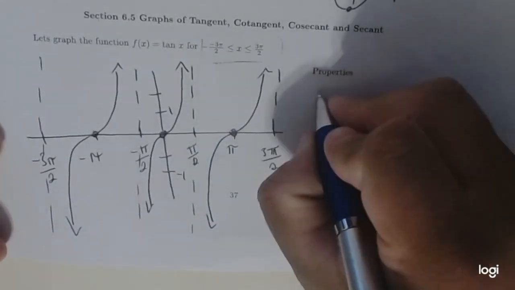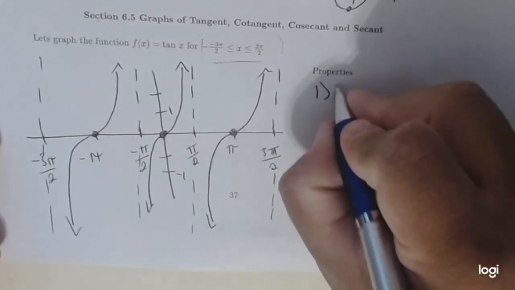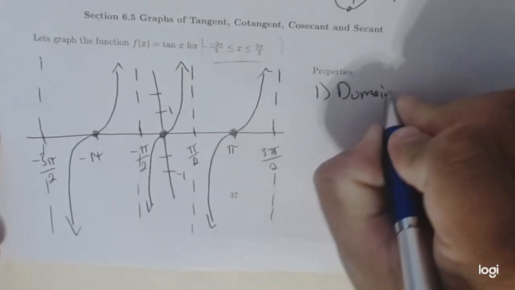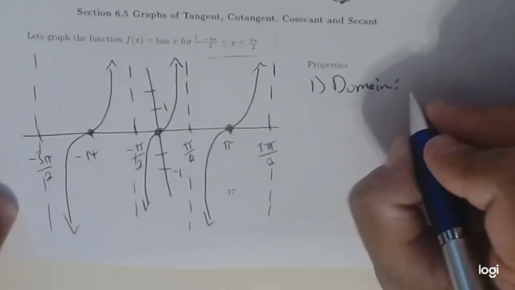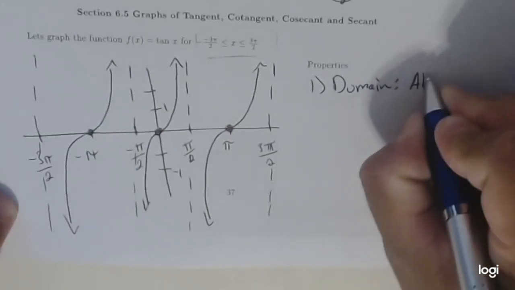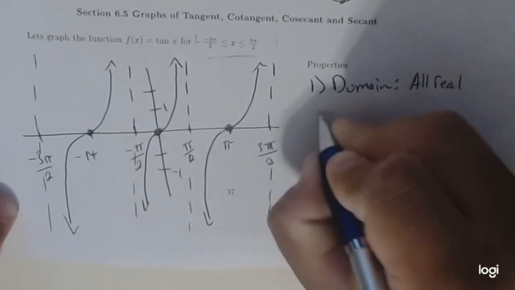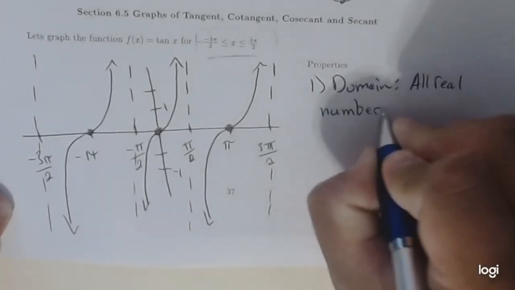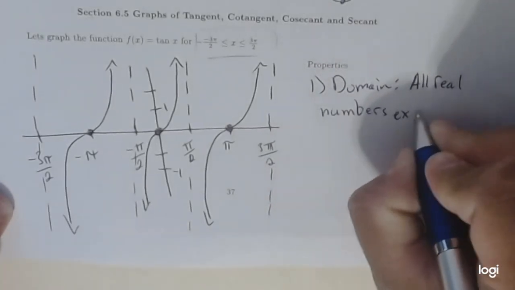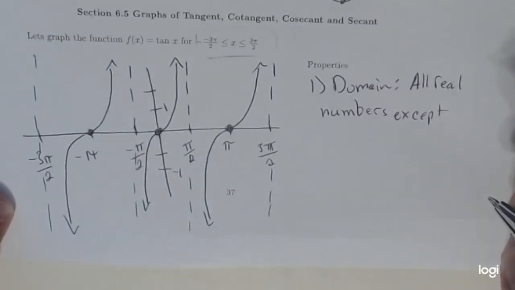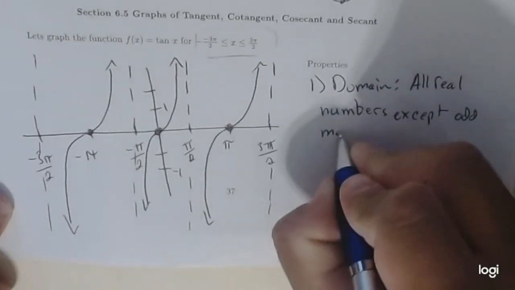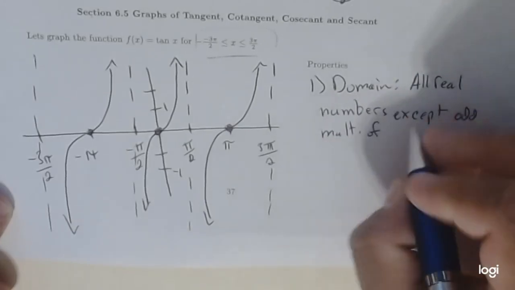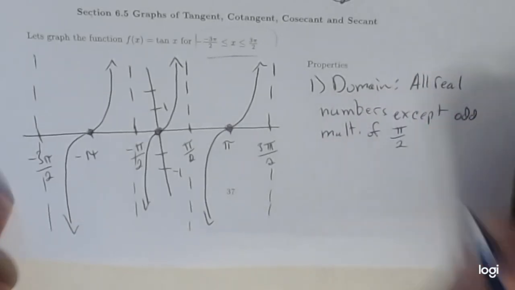Okay, so because of this, we have a couple of properties to deal with. Our domain is all real numbers except where we have a vertical asymptote, so odd multiples of pi over 2.